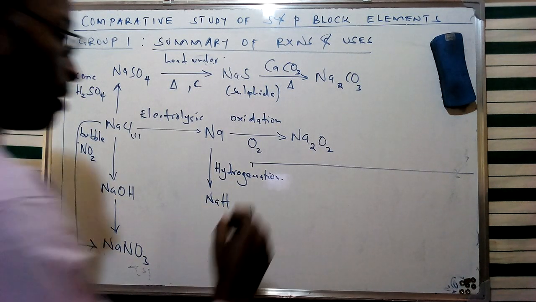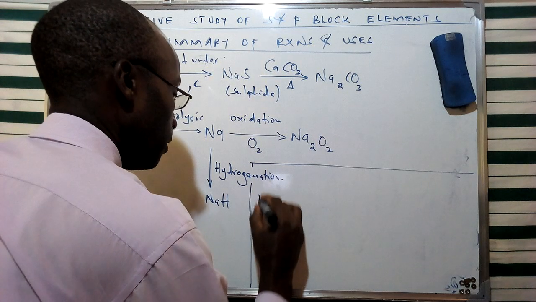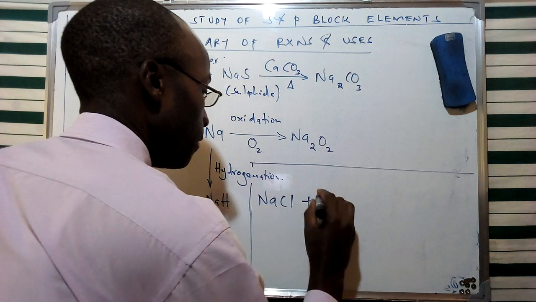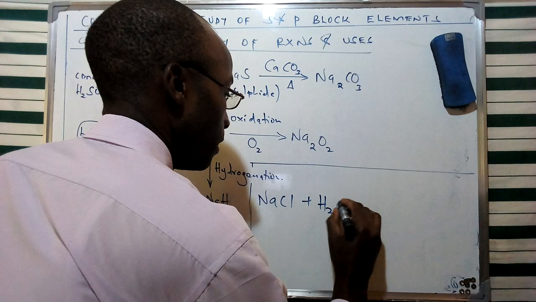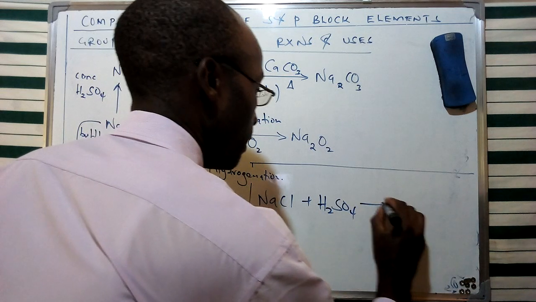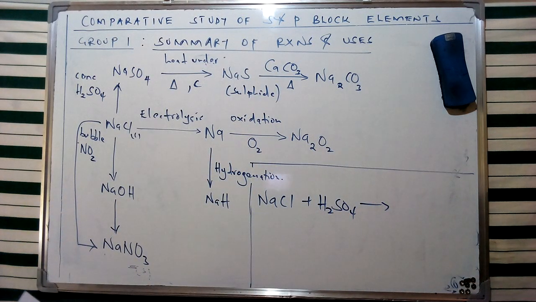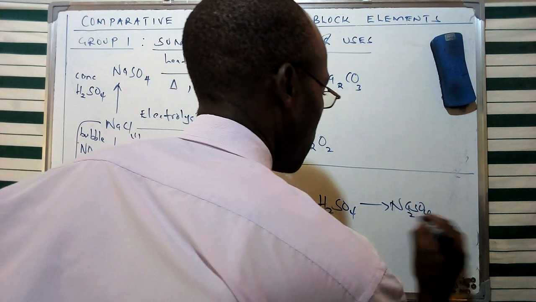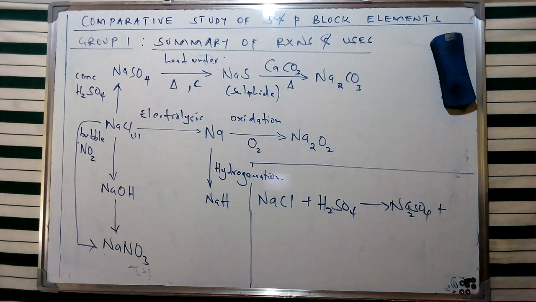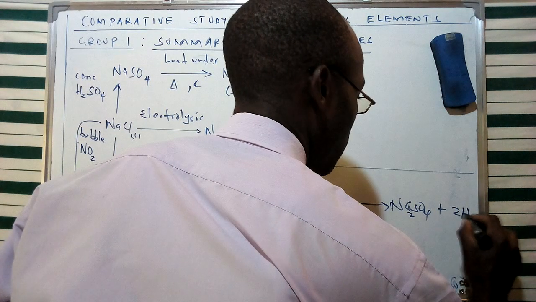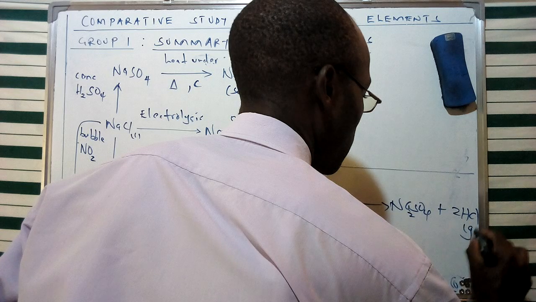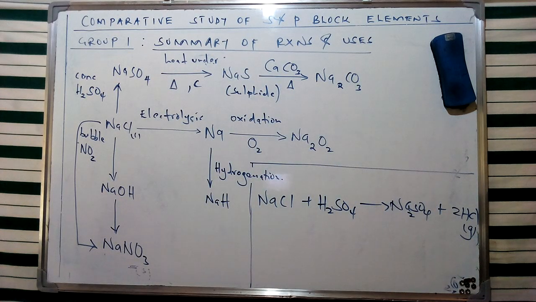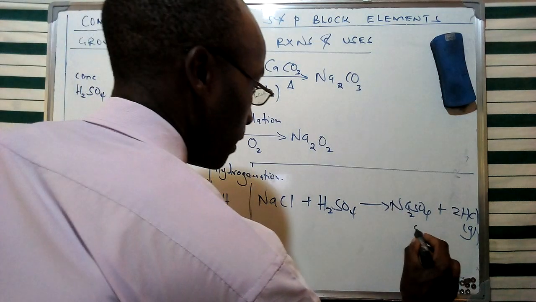We can just have an example of that specific reaction whereby we're going to have these specific reagents reacting, and this is going to lead to the formation of sodium sulphate, and then we're going to have another product given as 2HCl, which is of course gaseous HCl, and then this is going to be a solid.